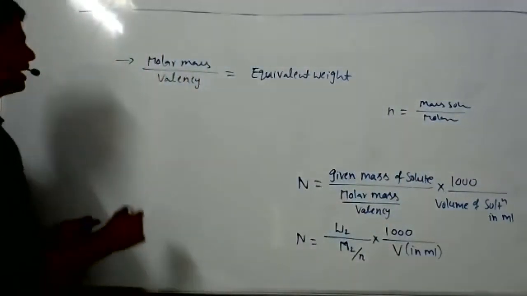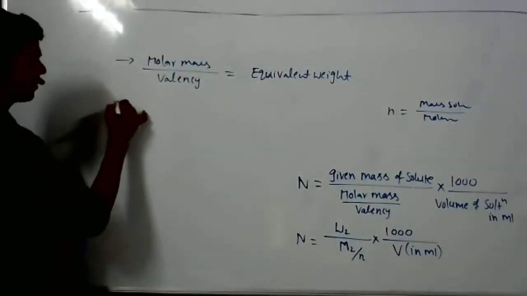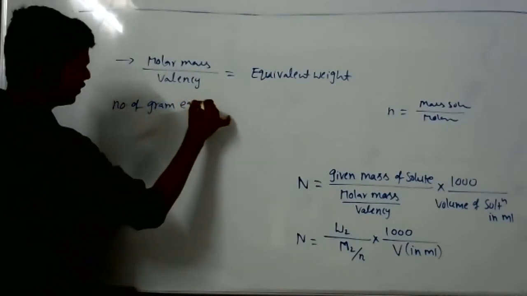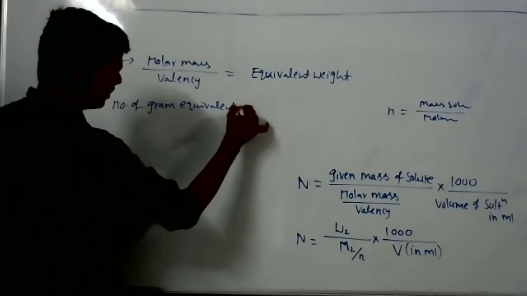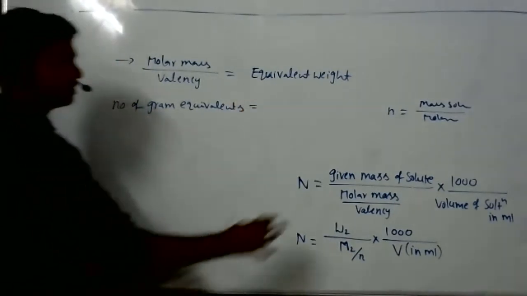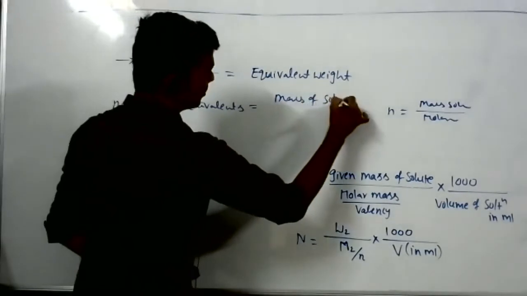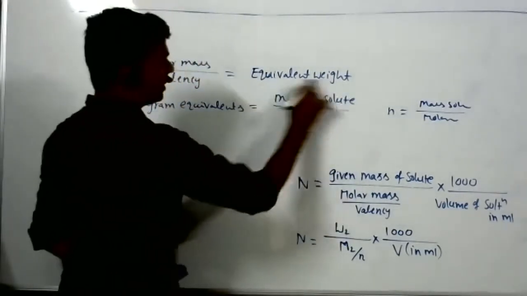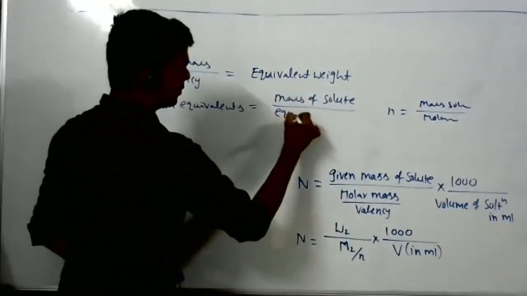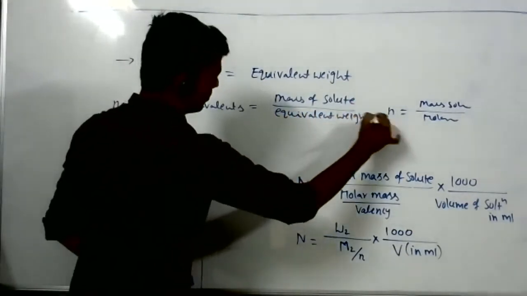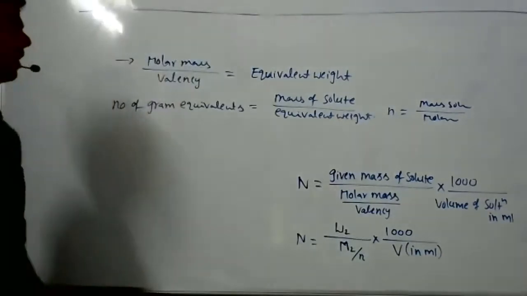But here we are calculating the number of equivalents, the number of gram equivalents. Number of gram equivalents is equal to mass of solute by equivalent weight. So this is only the calculation of the number of gram equivalents.